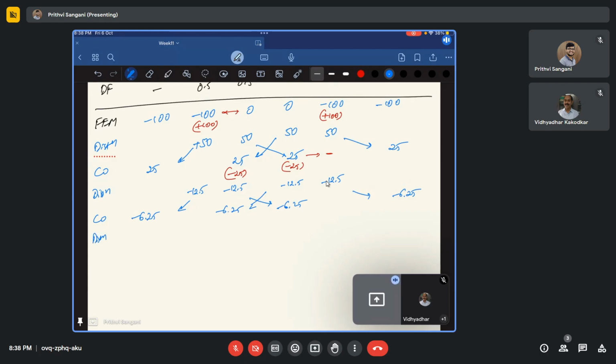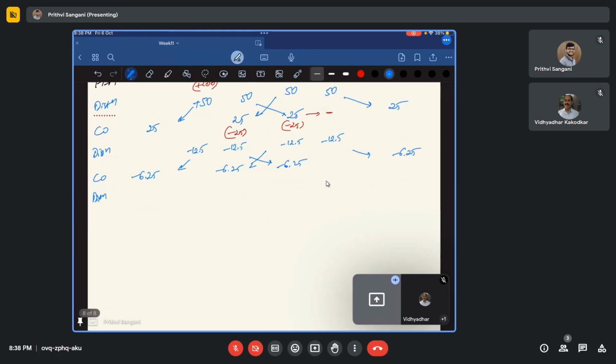So again you have distribution, the same cycle running. The net is plus, so the distributed values are minus 3.125, minus 3.125, minus 3.125, and minus 3.125.